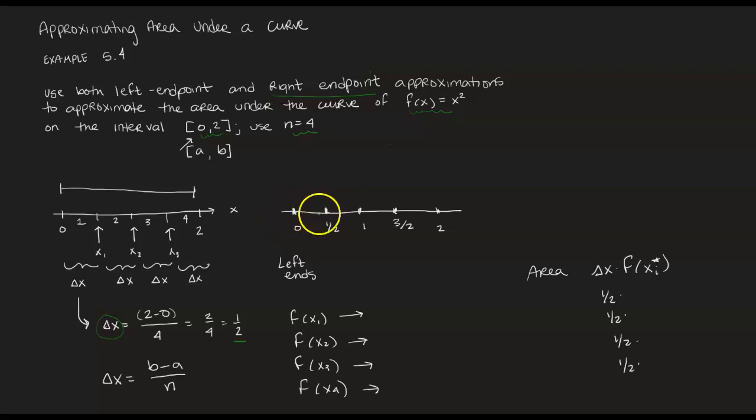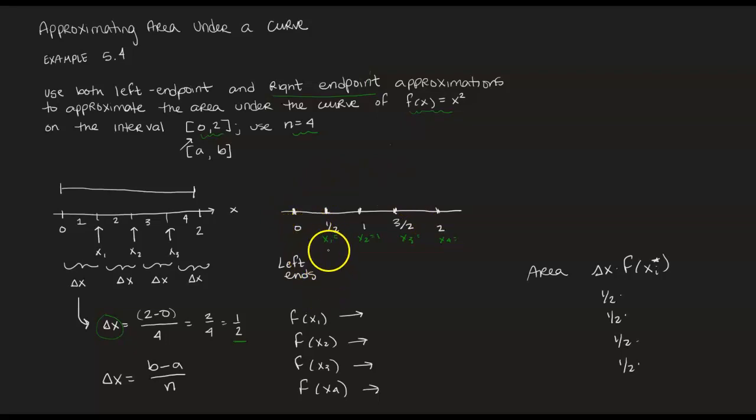For this first interval from 0 to 1/2, our x1 is the 1/2 value. Our x2 is 1, our x3 is 3/2, and our x4 is 2. So this time we will include the 2, the farthest right side of the interval, but we're not including the 0, so it kind of swapped off from the left endpoint picture.